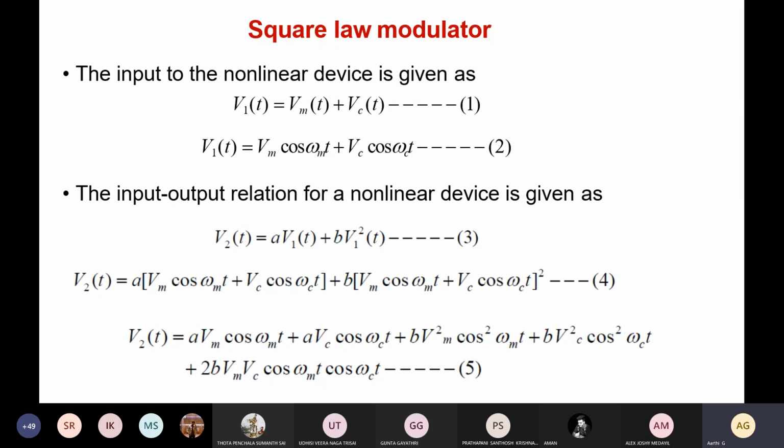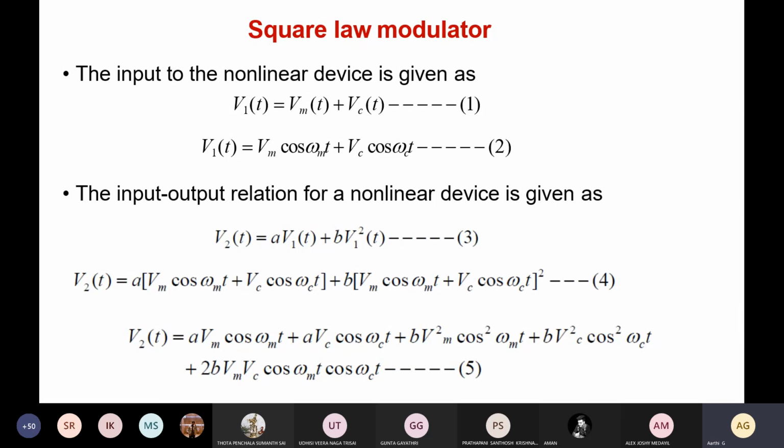We know that the bandpass filter is going to take the upper and lower sidebands plus the carrier component. Where is the carrier component here? Vc cos omega ct is the carrier component. The remaining two terms we obtain from the cos omega mt cos omega ct term. All the other terms will be filtered by the bandpass filter.